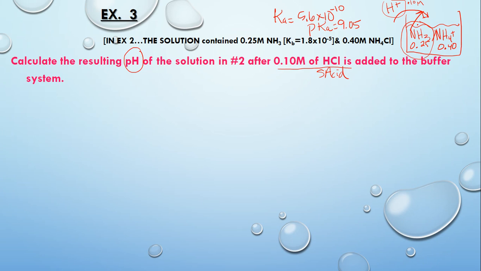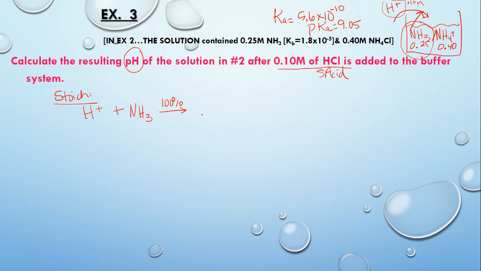The ammonia is going to attack the hydrogen ion. So for the stoichiometry, you're going to take the hydrogen ion from the strong acid, and it's going to get consumed by the base in the buffer system, which is NH3. And this again will be a 100% reaction that takes place.